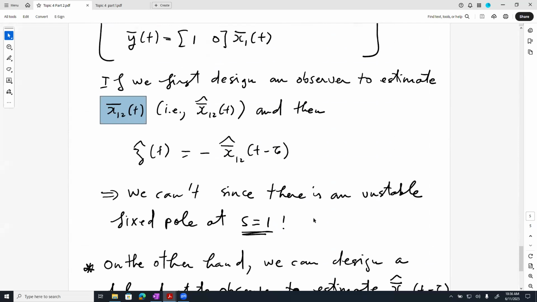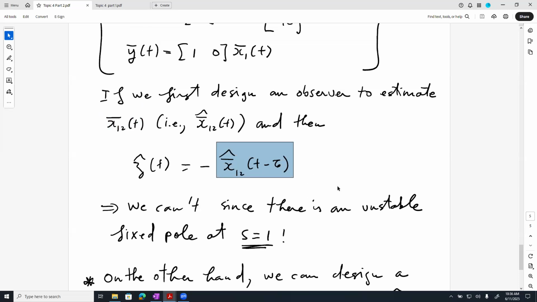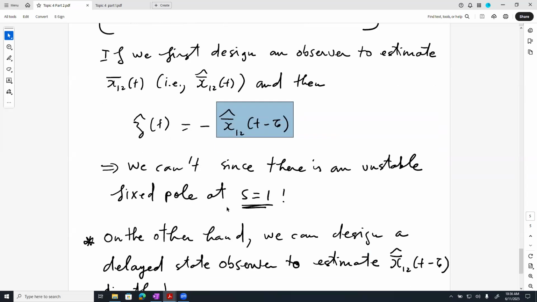As well, if we employ an observer with an internal delay, it still doesn't work for any large value of time delay. And so the option of designing an observer to estimate first and then delay it and then realize it is not possible. Whereas the development of the generalized observer in chapter 13 allows us to estimate where we pick the matrix FD itself as 0, 1, and we can estimate directly.